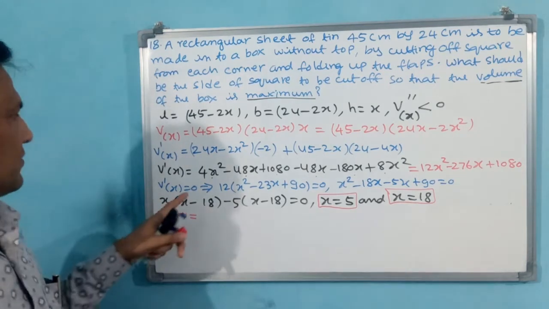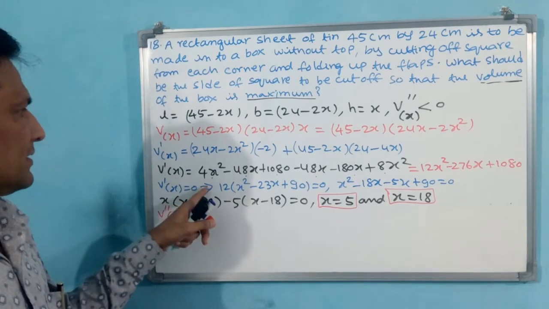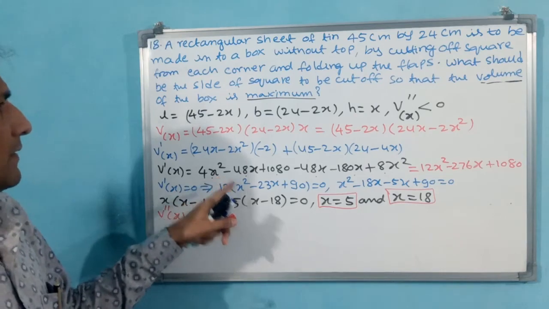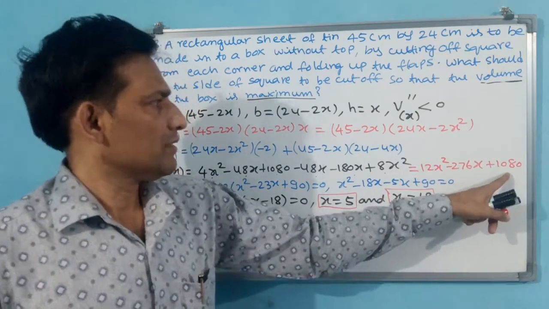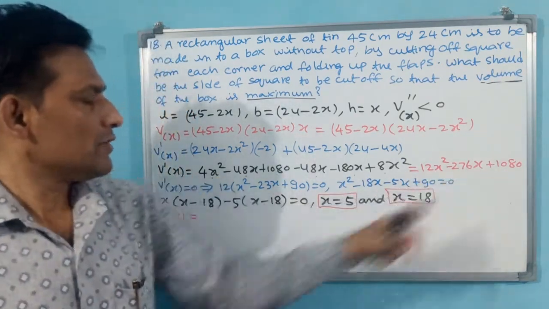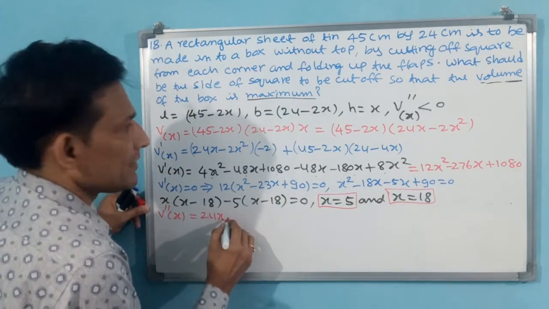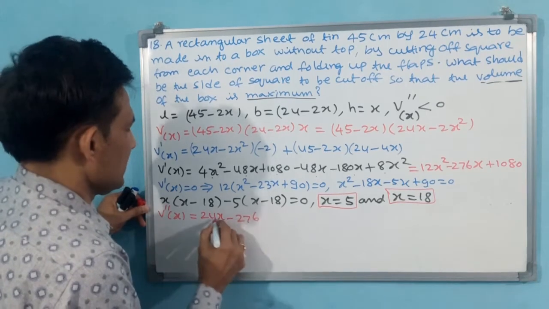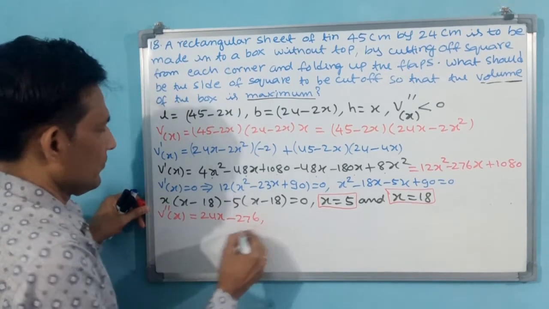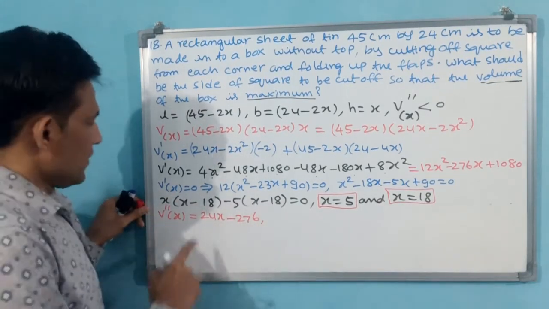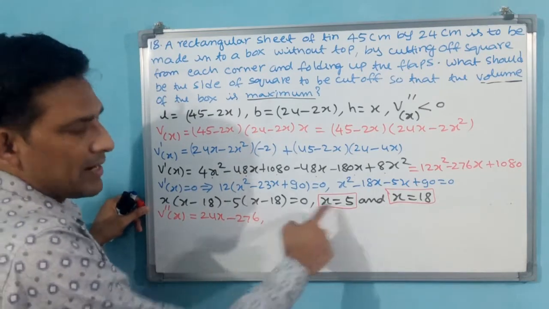Okay, first derivative, which is the latest? This is the latest. You see, first derivative. Then you make the second derivative: 24x minus 276. Now V double dash x at x is equal to 5.